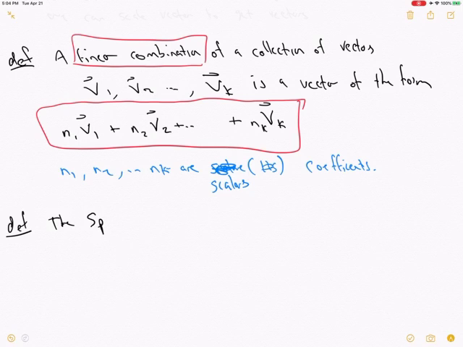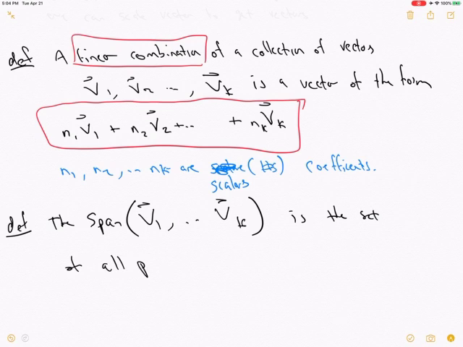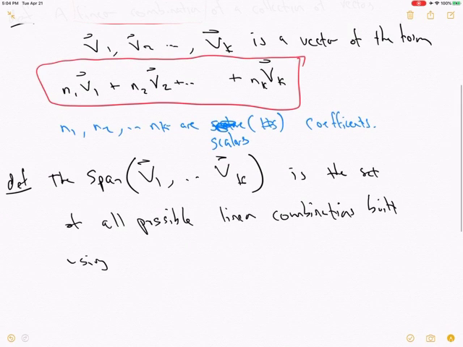The span of a set of vectors is the set of all possible linear combinations built using the specified vectors.